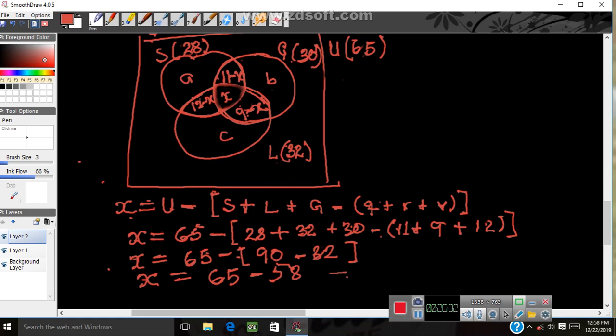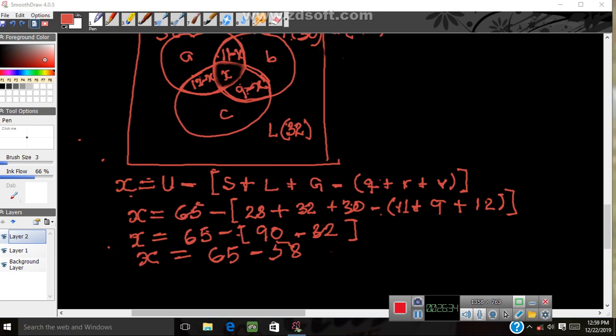Let me revise it at this point. Okay, so we now take 58 from 65, and we get X to be equal to 7. So if X is 7, we can now draw our revised diagram, then answer any question that we have been asked.